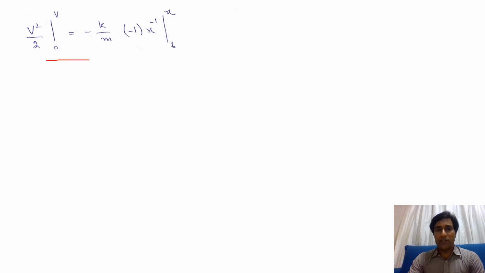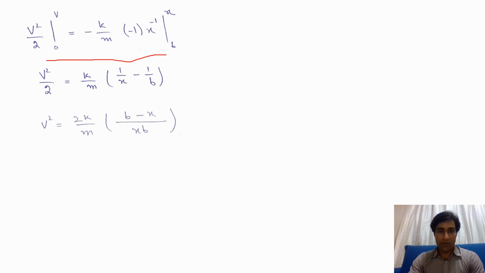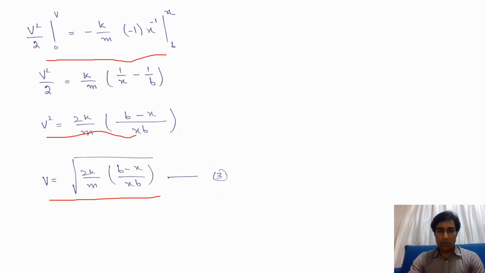Because this is a very simple integration, you note these results, and with more simplification we will get v squared over 2 equal to k over m times 1 over x minus 1 over b. From here v squared is equal to this term, and then v is equal to the square root of 2k over m times b minus x over xb. This is equation 3.